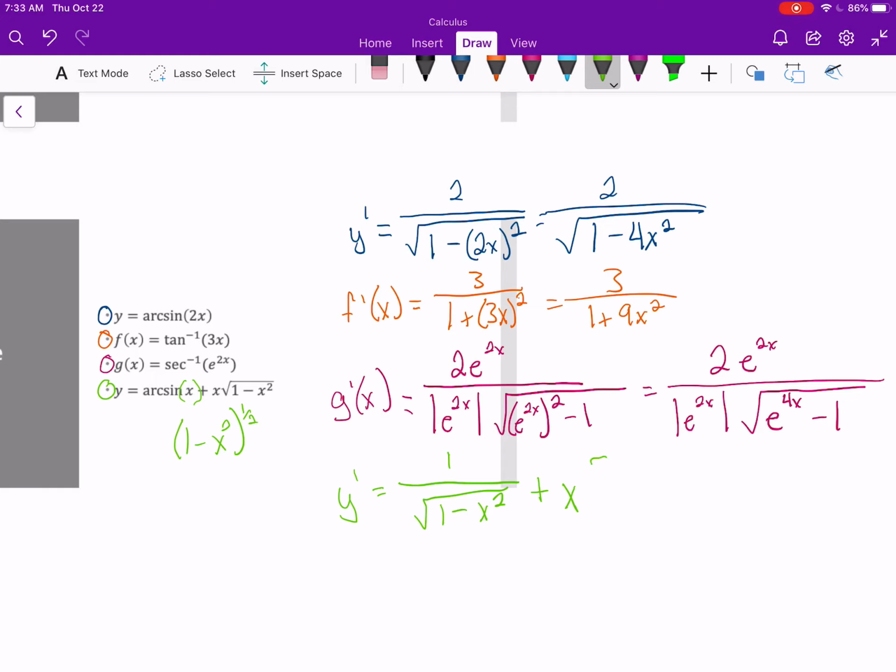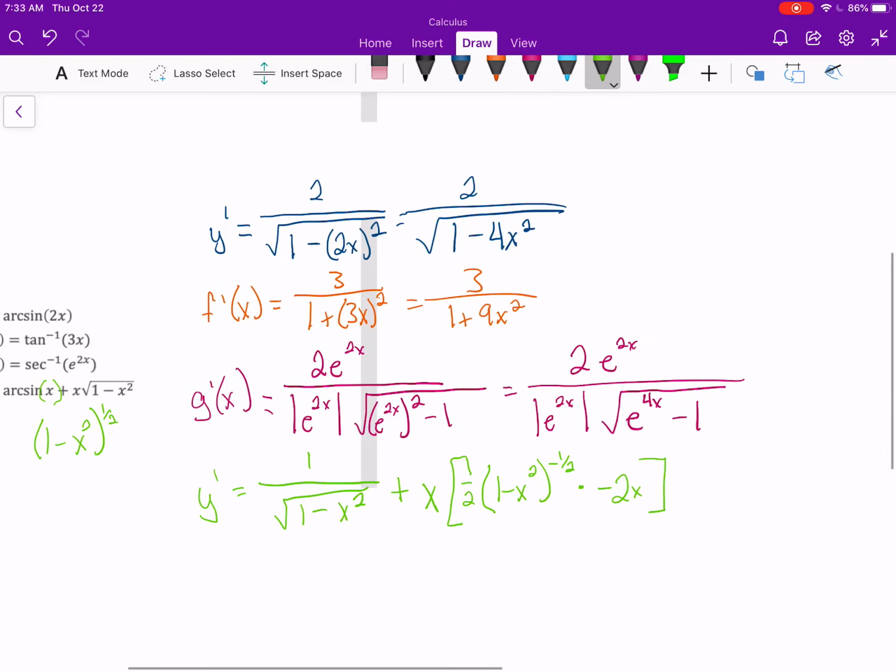So this is times 1/2, 1 minus x squared to the negative 1/2 times negative 2x, plus 2, so 1 minus square root of 1 minus x squared, and d1 is just 1, so we can leave it. And I have faith that you can simplify.